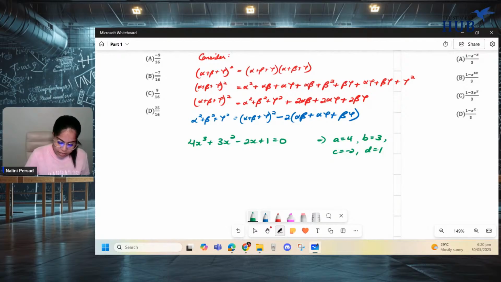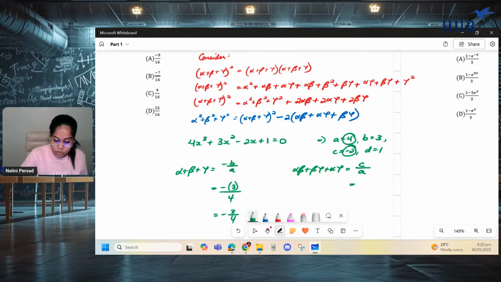To find the sum, it's negative b over a. So b is 3, a is 4. The sum is negative 3/4. I'm now going to find the product sum, which is c over a. That's negative 2 over 4, which is negative a half.